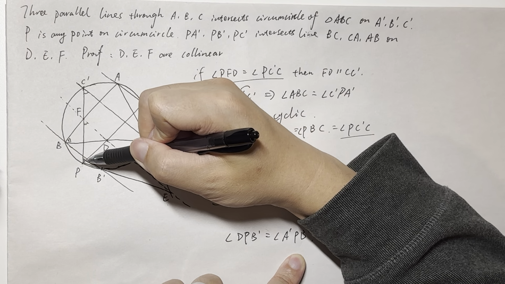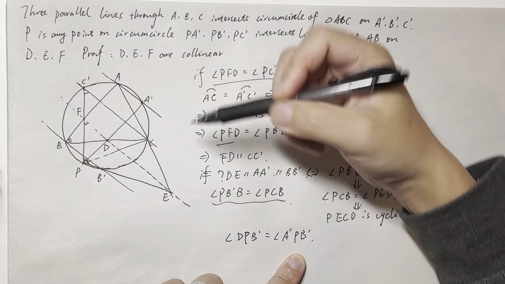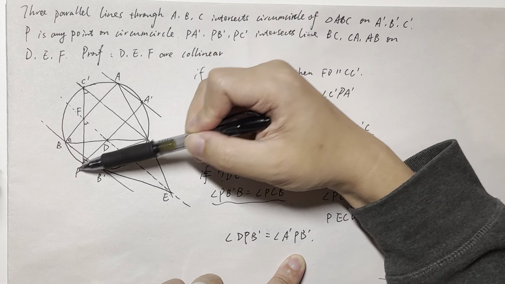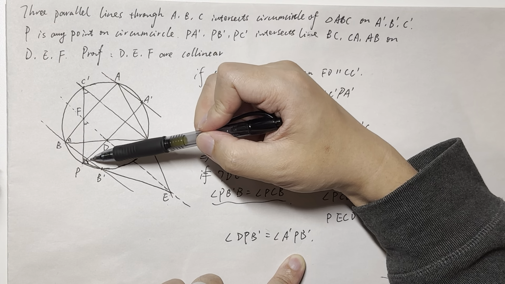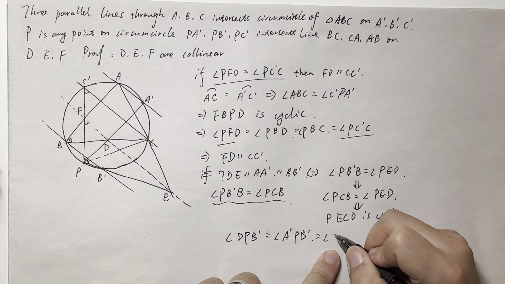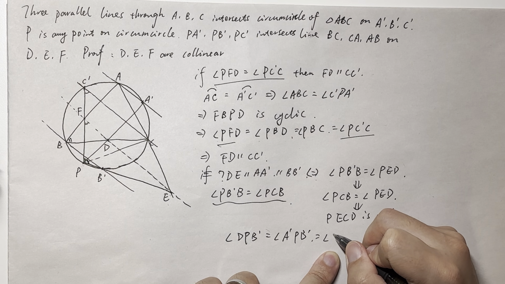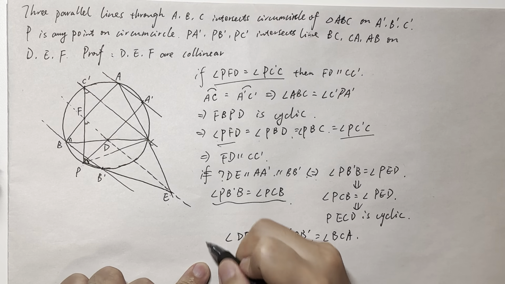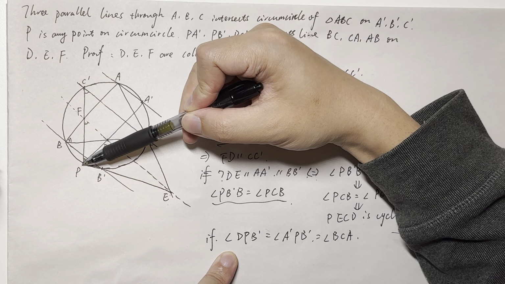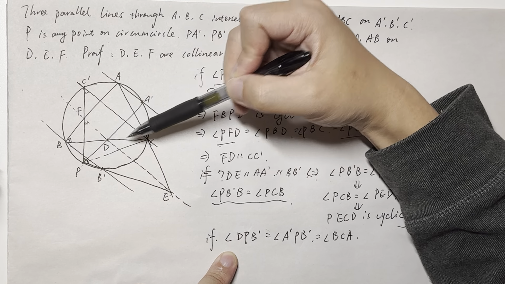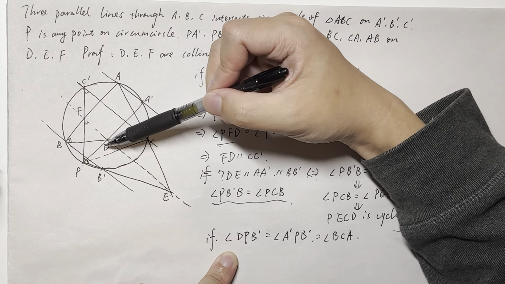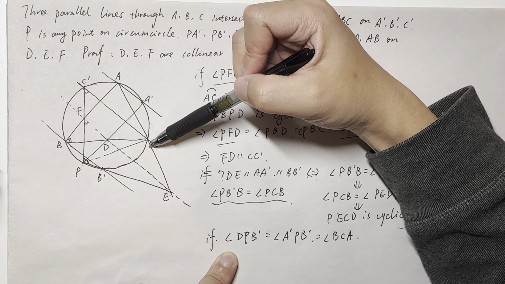So this angle, we want to prove that DPEC is cyclic, right? This angle equals to this angle, right? BCA. So if angle DPB prime equals to angle DCA or BCA, right? That means PECD is cyclic.